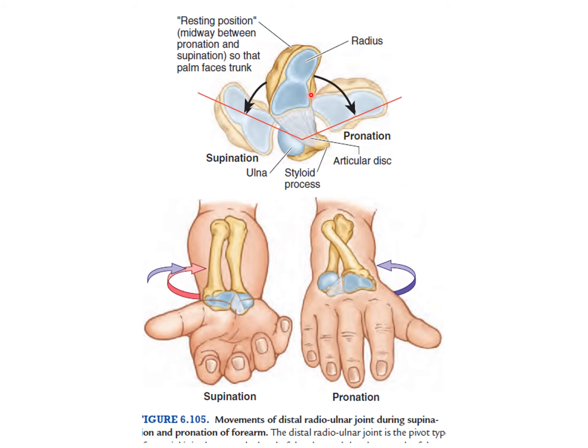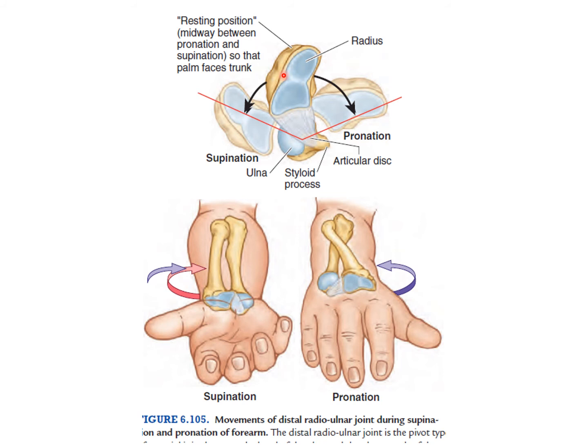And if the position is in the center, it is known as the mid-prone position. What is the mid-prone position? In simple terms, it is the position of the hand when we shake hands, with the little finger facing downward toward the ground and the index finger and thumb facing upward toward the sky.